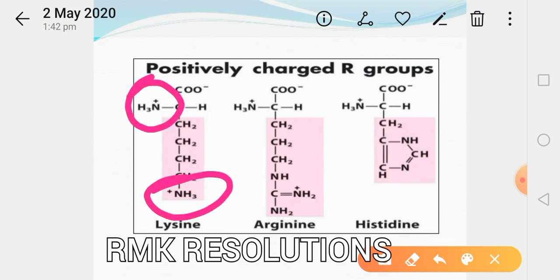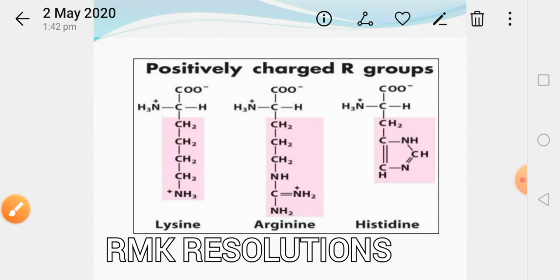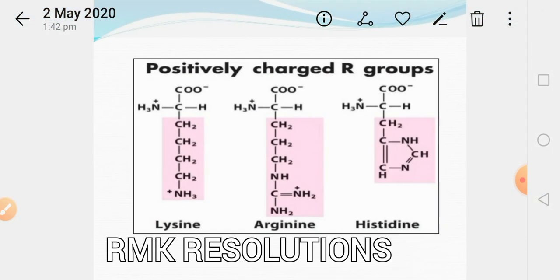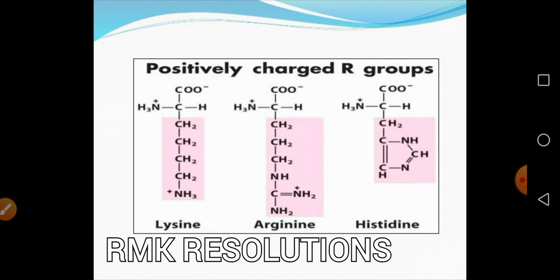The first amino group is here and this is the second amino group in lysine. Then arginine is again a positively charged amino acid which has a guanidino group, and histidine has an imidazole group. These are the groups responsible for the charge on the amino acid. So these are the positively charged amino acids.